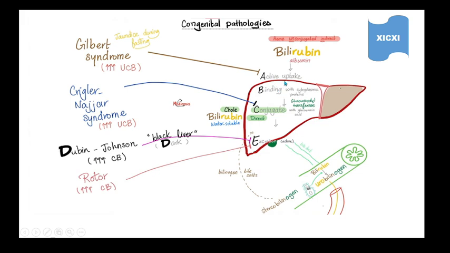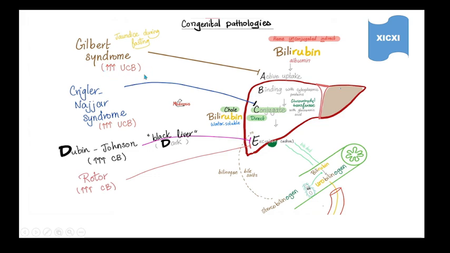It means there is active uptake of this unconjugated bilirubin in the liver. Now when there is a defect in the active uptake of this unconjugated bilirubin in the liver, this defect is called Gilbert syndrome. It means we will have a high increase of unconjugated bilirubin.